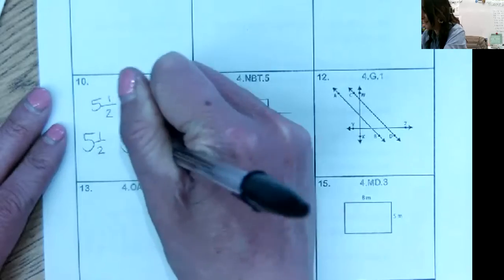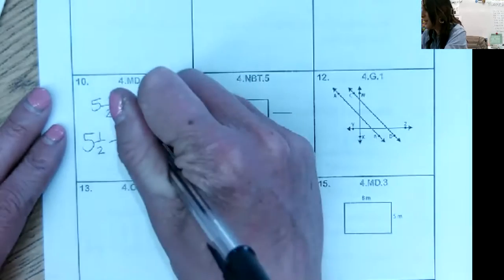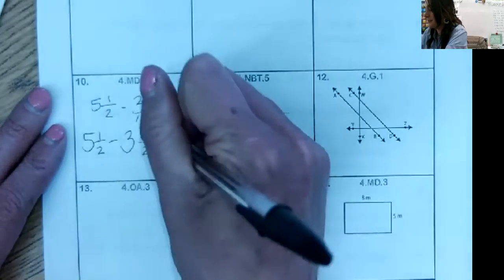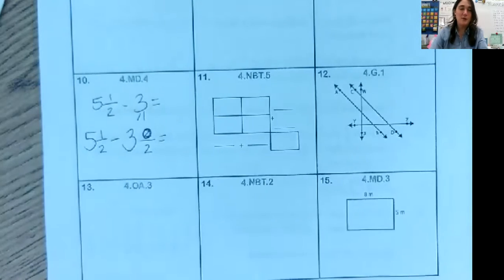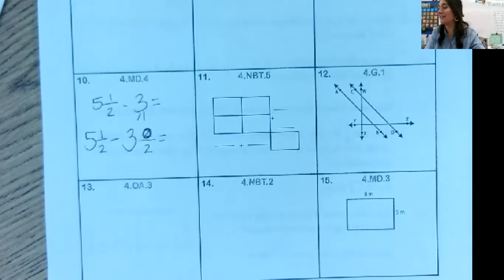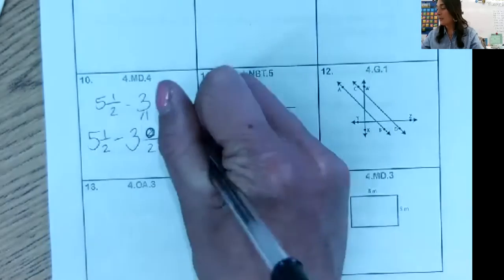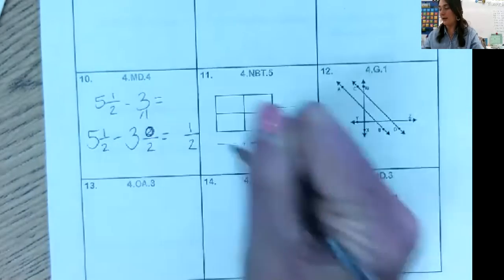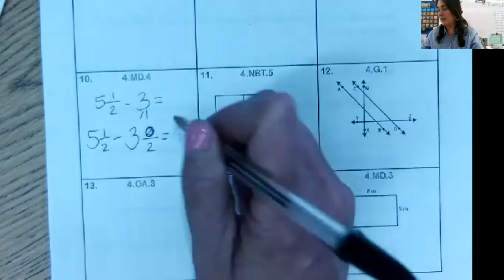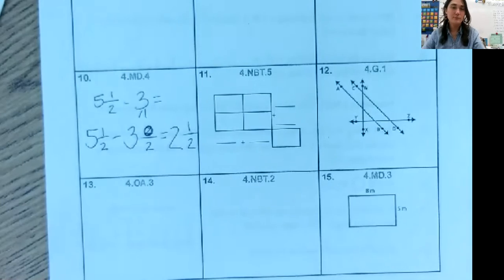It's 3 halves. I was getting that confused. This will be 0 halves. I'm sorry, guys. I just confused us. We have 5.5 minus 3 and 0 halves. That will help us solve. 1 minus 0 is 1, so we have 1 half. 5 minus 3 is 2. So our answer is 2.5.